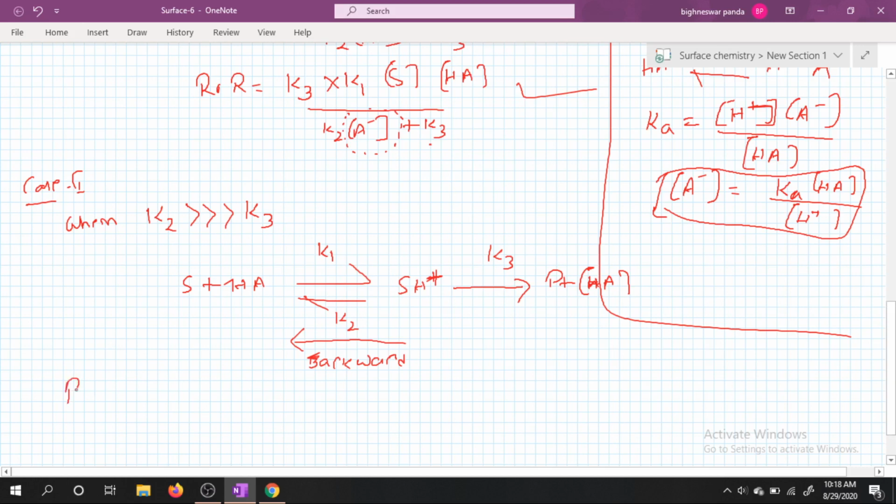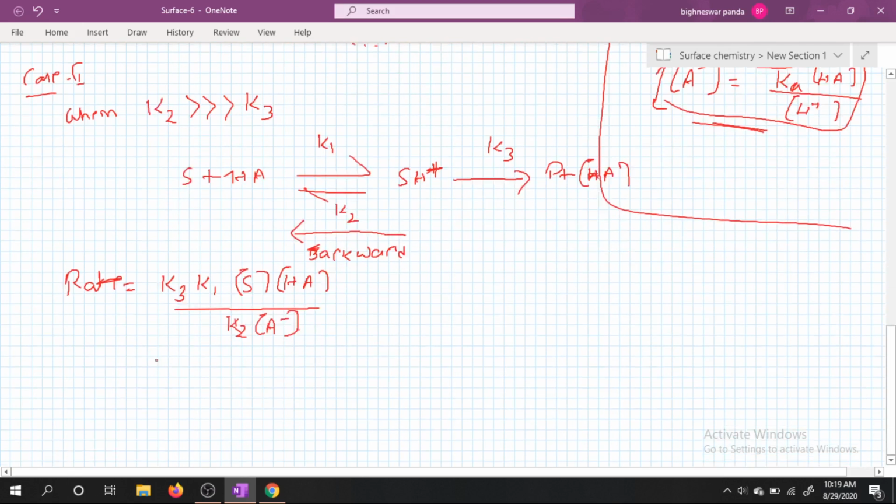So our rate will be K3 K1 S HA divided by K2 A minus, and this A minus can be replaced by this amount.